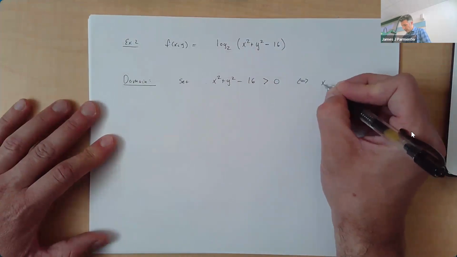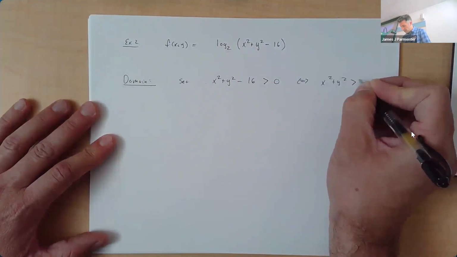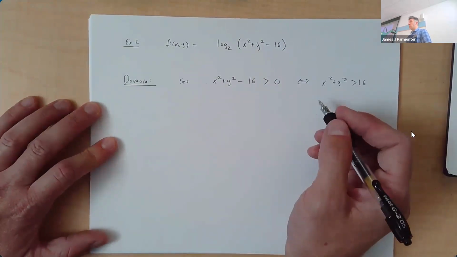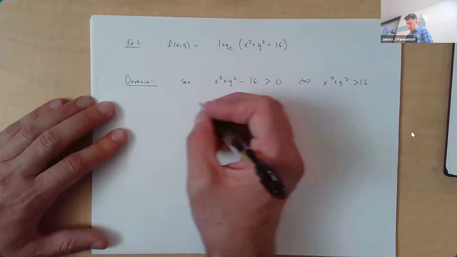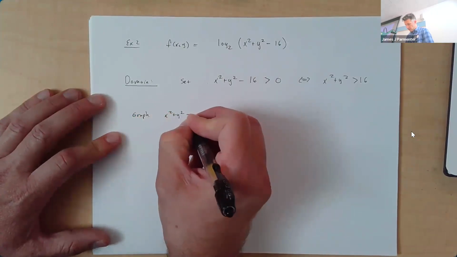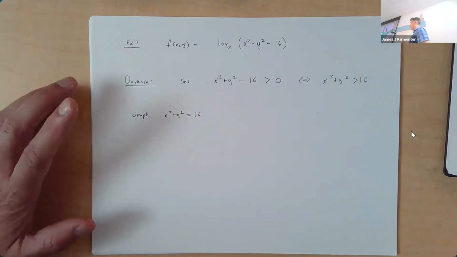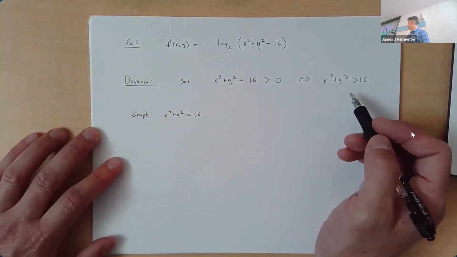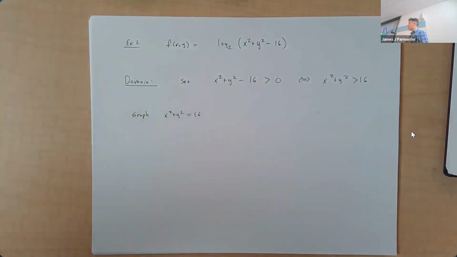So x squared plus y squared greater than 16, which again is looking like a circle. So we're going to graph x squared plus y squared equal to 16. Since I know that my inequality is strictly greater than, not greater than or equal to, I'm not going to want to include the boundary when I graph it. So I'm going to draw it dashed.